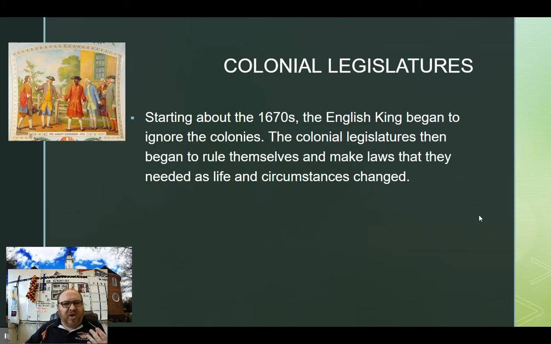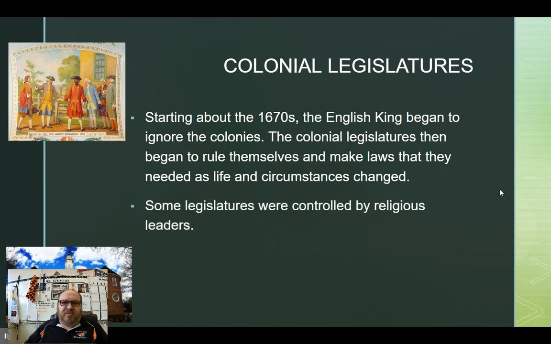So without a whole lot of control anymore by the king, they didn't have to go back to England to get their charters renewed or anything like that. They were told they're all good. So then legislatures began to change a little bit. They began to become a lot more representative of the people. They began to change some of their laws.